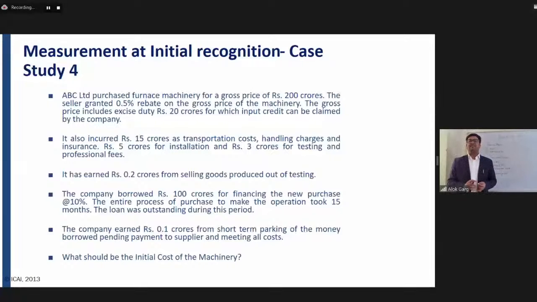So the company has some fixed deposit for a small period and it earned around 0.1 crore. The standard says that if the company is earning any money out of the borrowings which have been taken for the asset, that interest income is required to be deducted from the borrowing cost. Short-term money.